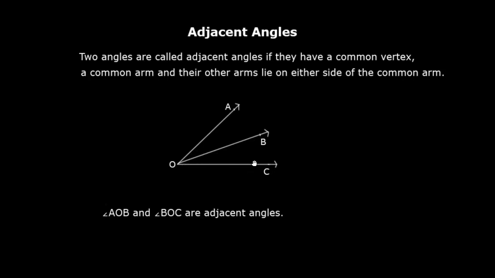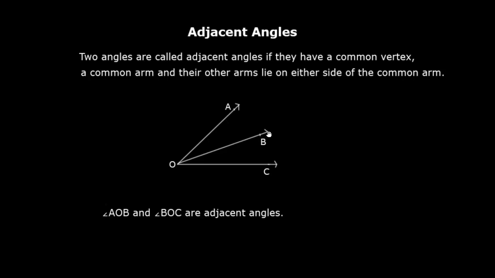These are two angles having one common arm OB and their non-common arms OA and OC lie on opposite sides of the common arm OB. So, angle AOB and angle BOC are called adjacent angles, and angle AOB and angle AOC are not adjacent angles. They have a common arm OA, but their non-common arms OB and OC lie on the same side of common arm OA.